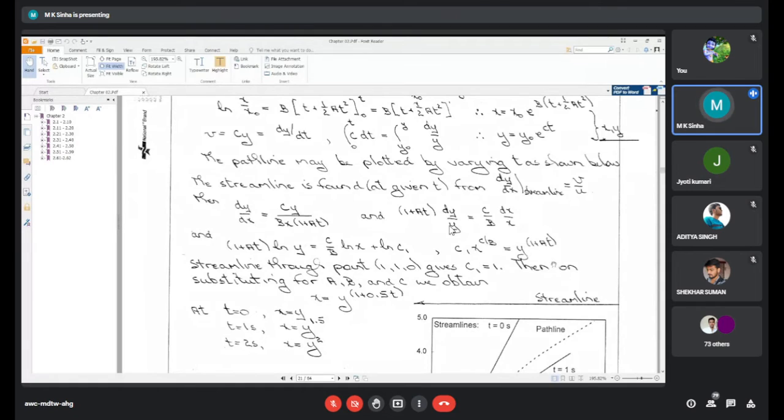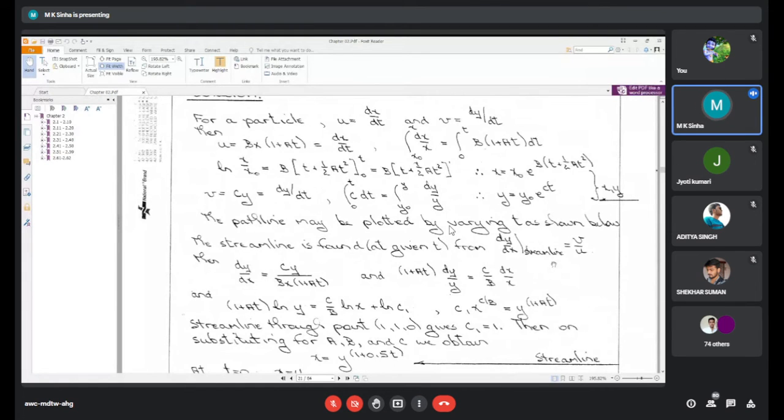Here the integration is a definite integral. In the previous one it was indefinite, that's why some constants c1, c2 came. Here we take the definite integral, where the starting point is x0, y0, maybe choose the 0 coordinate, or you may keep some constant, and in plotting you may take some value of the constant.